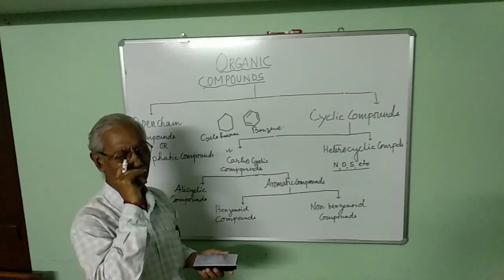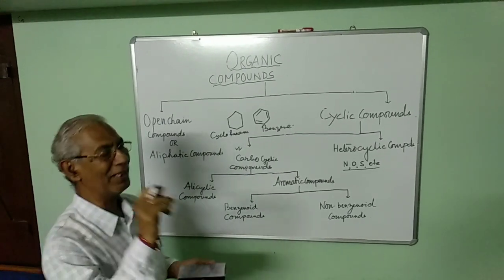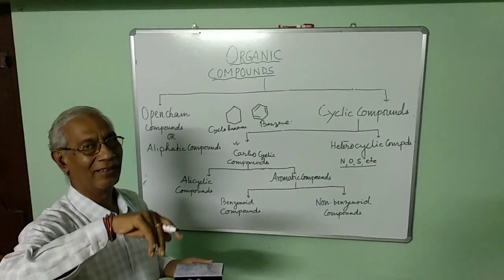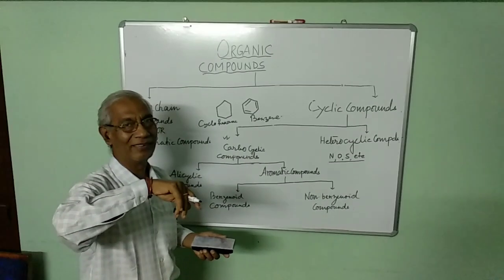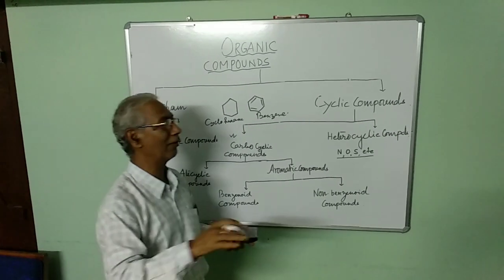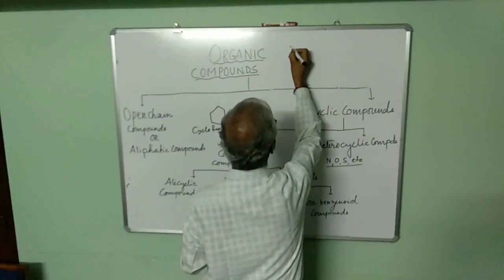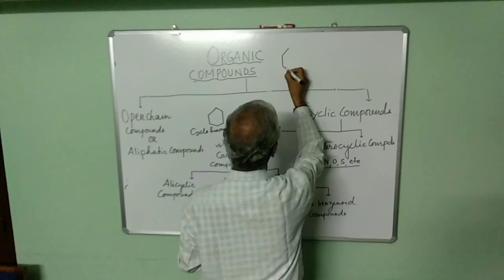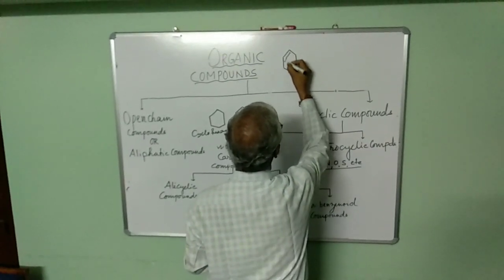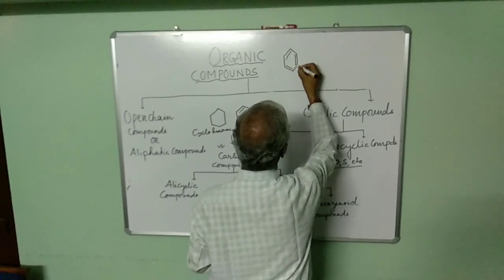In aromatic compounds, carbon atoms are linked in a cyclic chain alternately, single bond, double bond, single bond, double bond. The simplest example of the aromatic compound is benzene. You see, this is benzene.